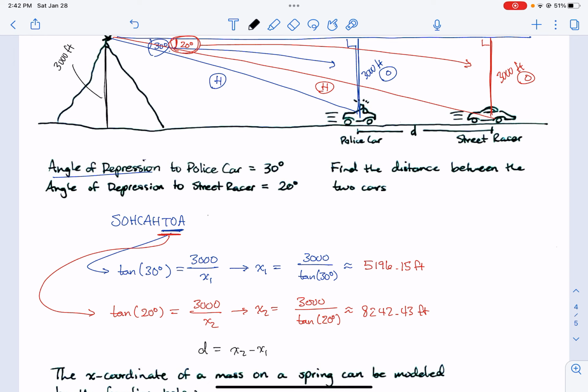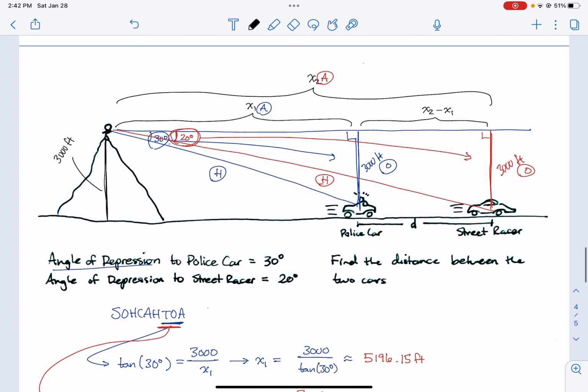I just take those two numbers and subtract them. 8,242.43 minus 5,196.15. So the distance between the police car and the street racer is 3,046.28 feet.